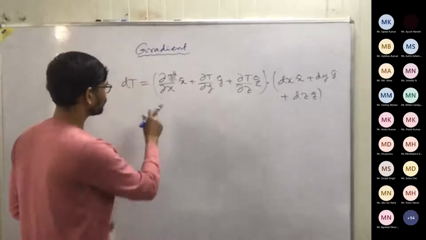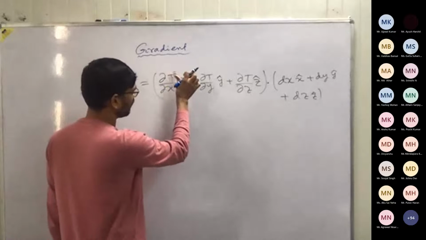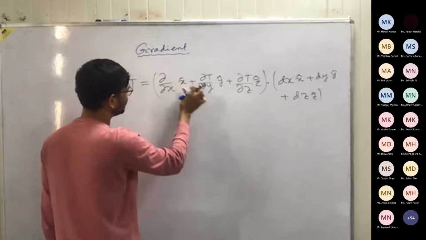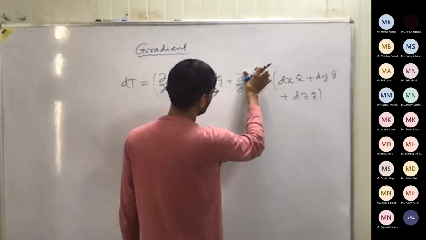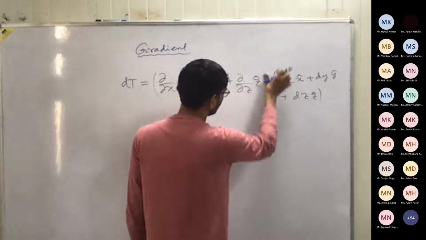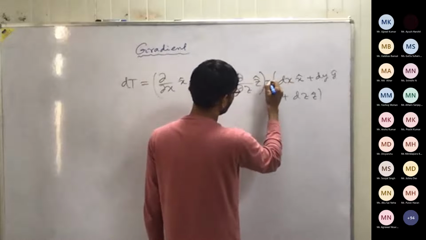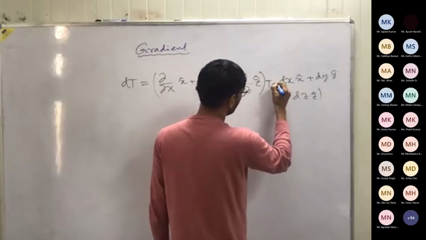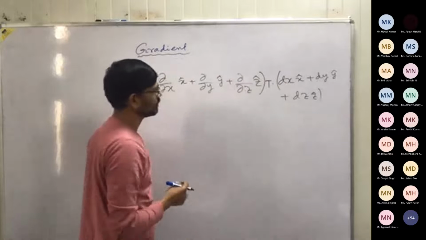So then what I did, I just took this T from here and then I wrote it like this, T here, and then took the dot product, right?